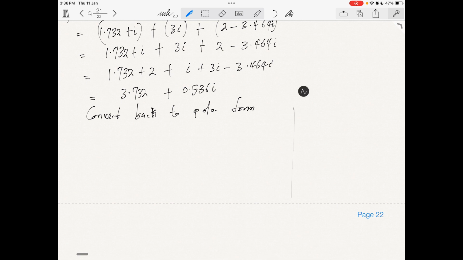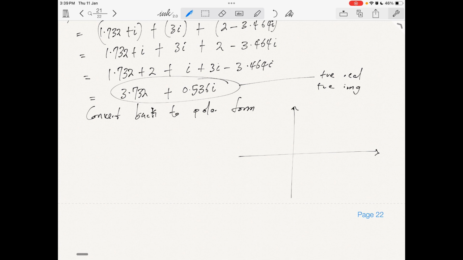Then the first thing to do is to first draw the Argand diagram. We can see that this has a positive real number as well as a positive imaginary number.